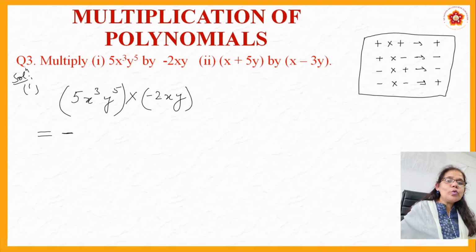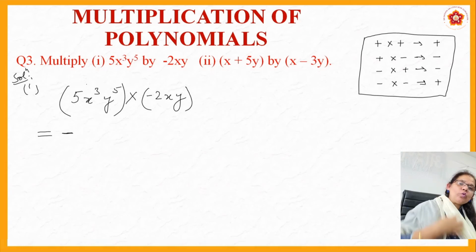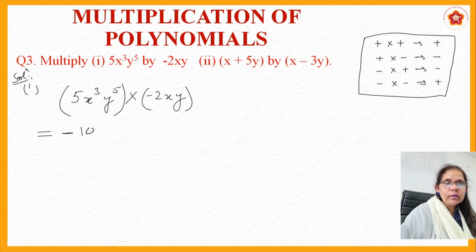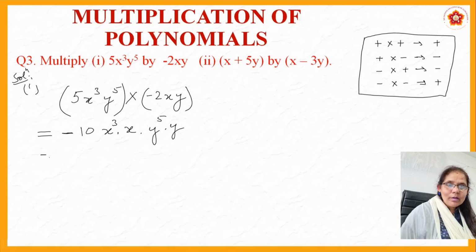5 into minus sign we have written first. Now just let's multiply 5 by 2. So when we multiply 5 by 2, 5 into 2 is 10. Now x cube is to be multiplied by x. Y raised to the power 5 is to be multiplied by y.